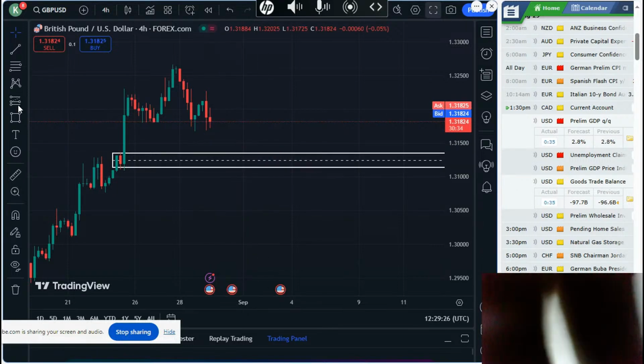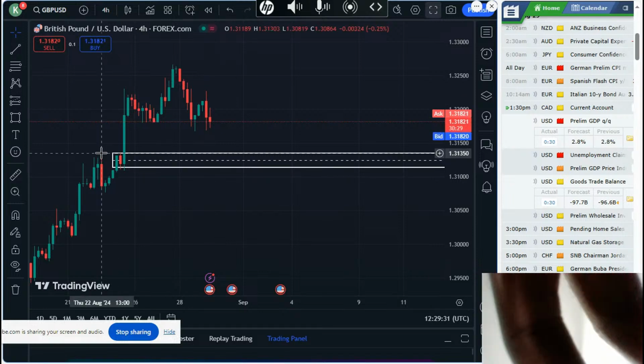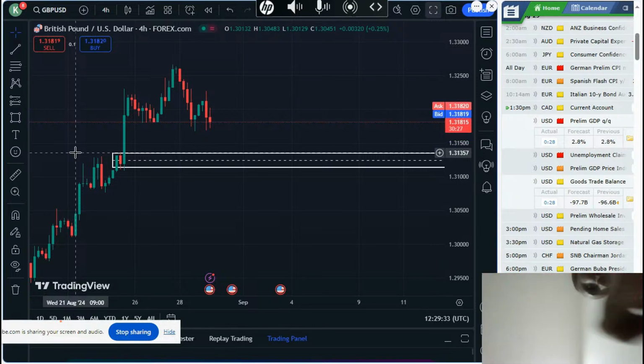I'm expecting this market to drop, so buy limit on GBP USD at 1.31357. I repeat, GBP USD buy limit at 1.31357, and stop loss at 1.31090.